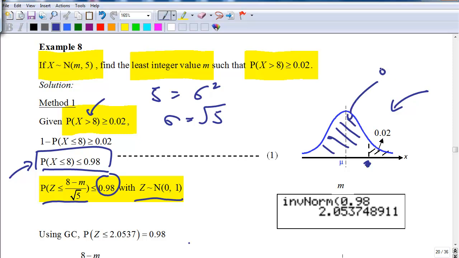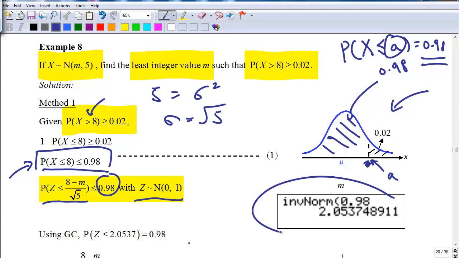Tell yourself that I want this to be 0.98. If I call this number A, then what I'm drawing is actually probability X less than or equals to A is 0.98.